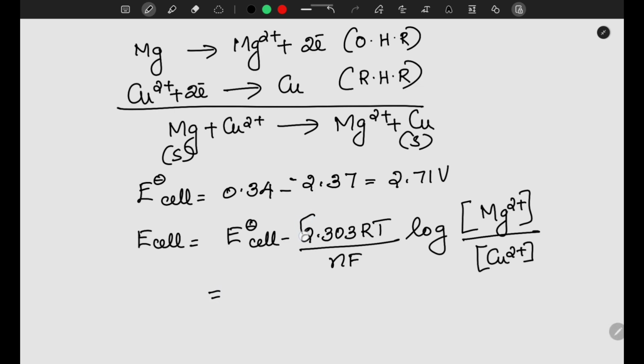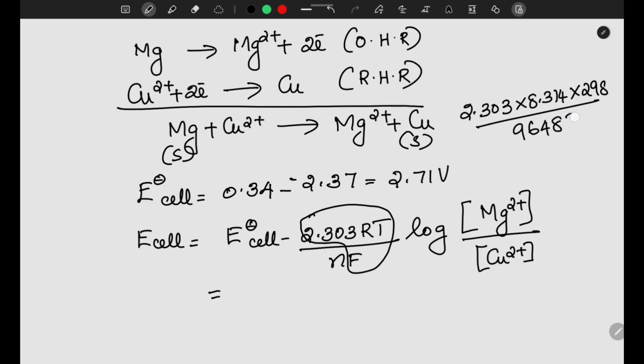So 2.303 RT by F, 2.303 into 8.314 into 298 divided by 96,487. When we simplify these values, we will get 0.059.